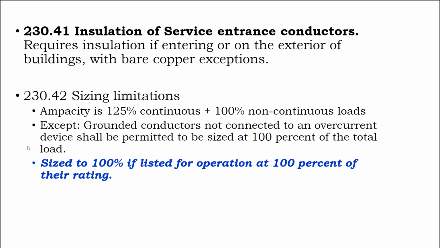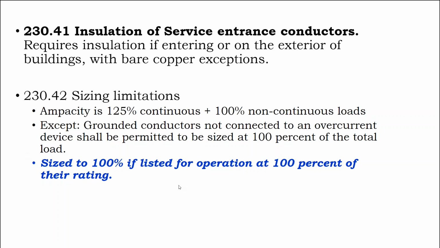The sizing limitations, again, this is a common thing when sizing wire. It's 125% of a continuous load or 100% of a non-continuous load. And so when you're thinking about upsizing wires on the quiz, you think about, is it a continuous load or not?